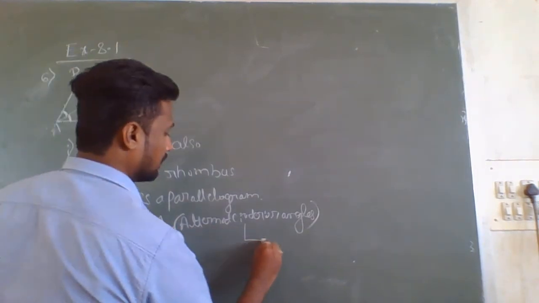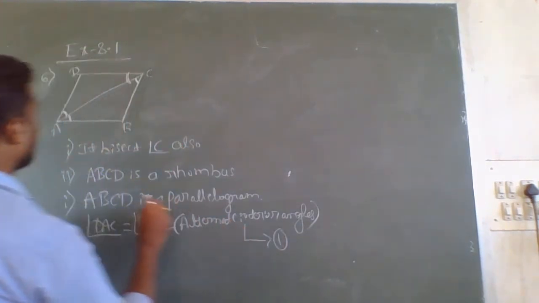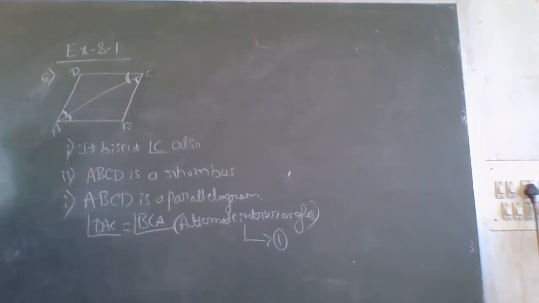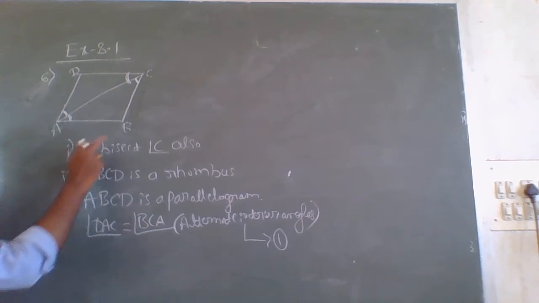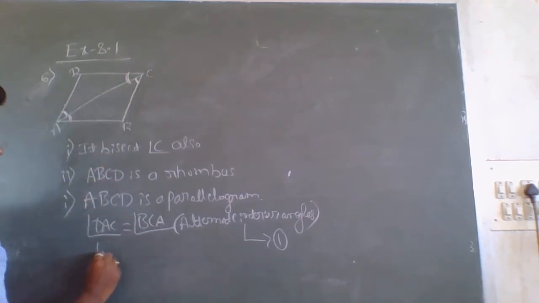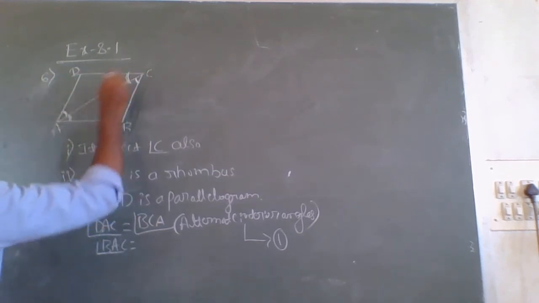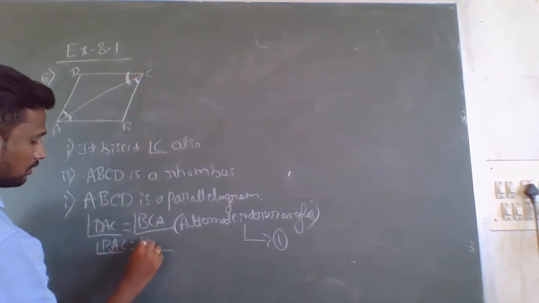I will consider this as 1. And now these two angles are equal, so I write angle BAC equals angle DCA, this angle.